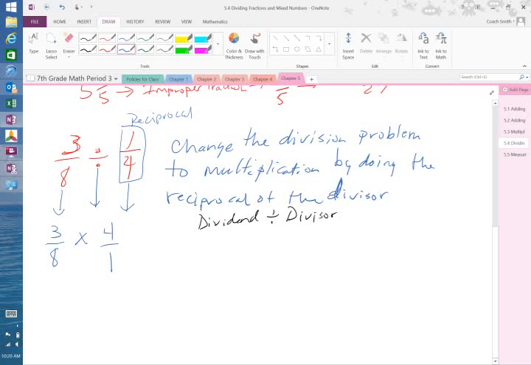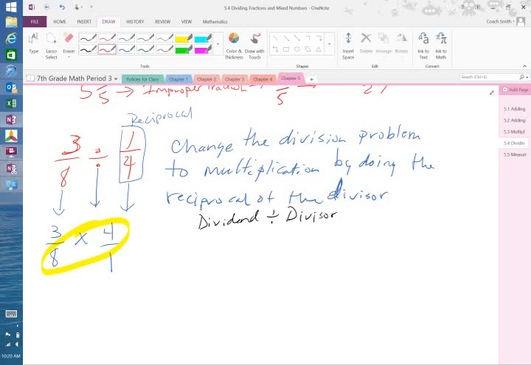Once you have done that, we simply follow the rules for multiplying fractions, which means I can look at those two numbers to see if there's a common factor that I can reduce both by.